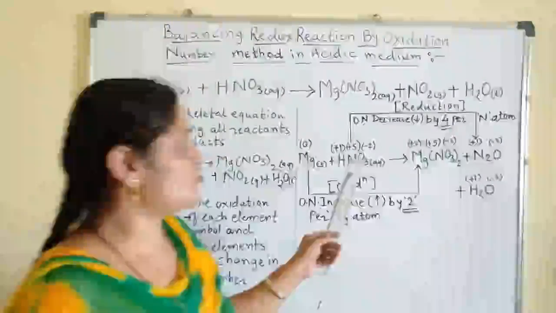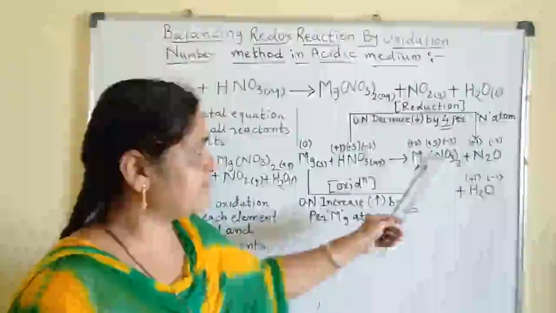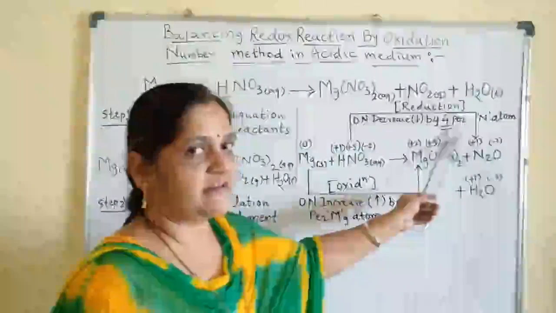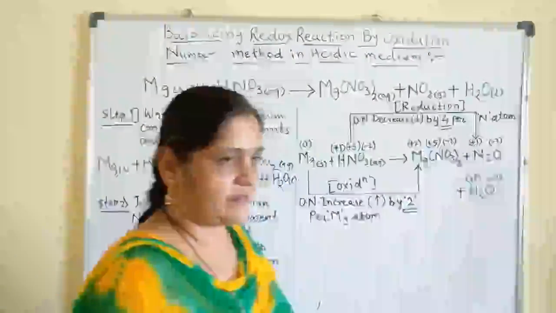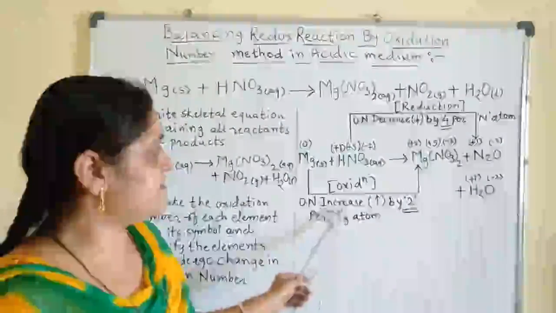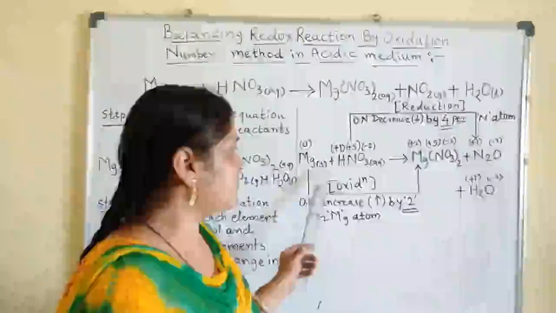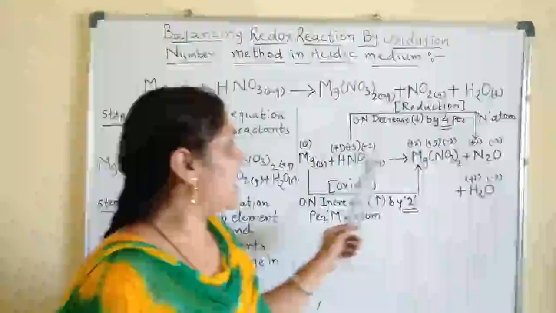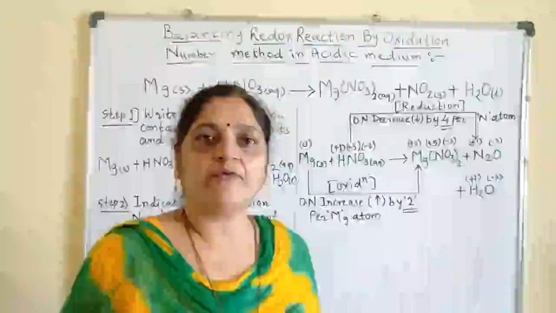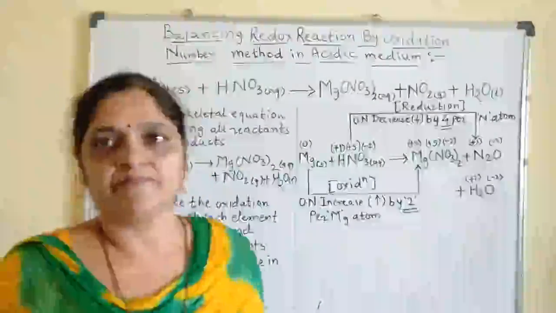Each nitrogen atom shows a decrease from plus 5 to plus 1, which means a decrease by 4 per nitrogen atom. When there is a decrease, we say reduction is taking place. When there is an increase in oxidation number, we say oxidation is taking place. So here magnesium undergoes oxidation and nitrogen undergoes reduction. This way you have to find out the increase and decrease of oxidation number.